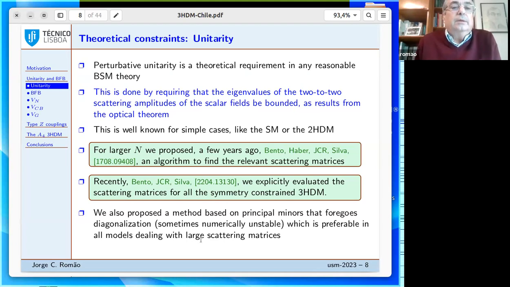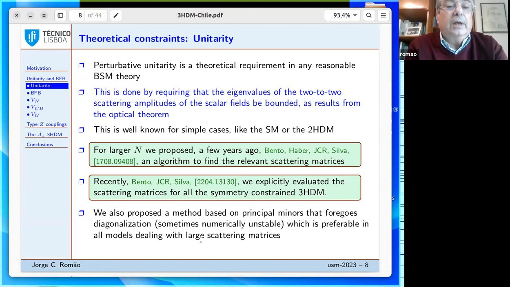The first one that we consider is, of course, perturbative unitarity, which is a theoretical requirement in any reasonable beyond standard model theory. This is done by requiring that the eigenvalues of the 2 to 2 scattering amplitudes of the scalar fields be bounded, as results from the optical theorem. And this is well known for simple cases like the standard model, almost trivial, and 2HDM.